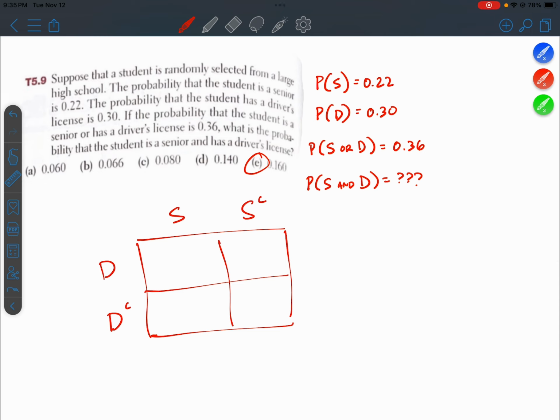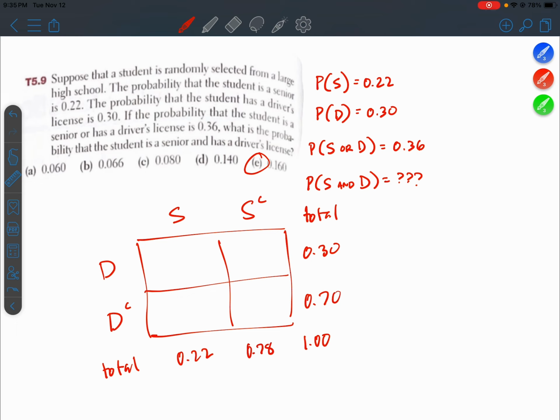So let's write 100% here as the total. 22% are seniors, so we can write that as the senior total. 30% have a driver's license. We can write that as the driver's license total. Before we go any further, we can use some mental math: that's 70%, and this is 78%.